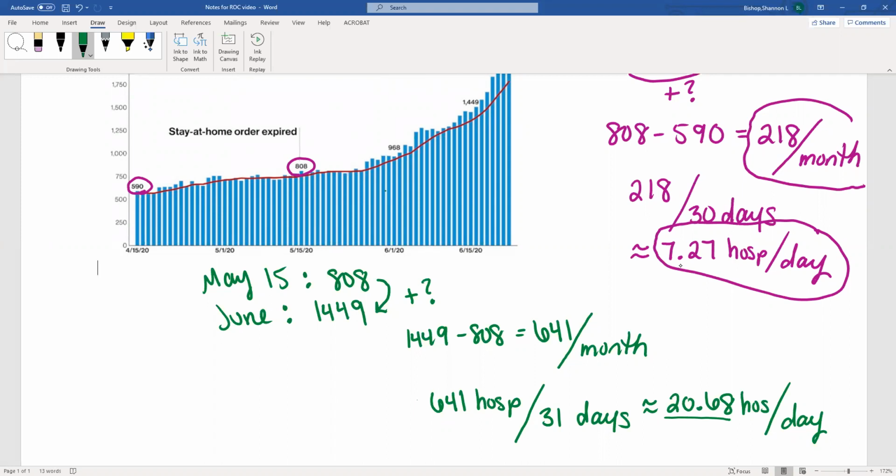So when you're thinking about rate of change, the main takeaway message here is that you're analyzing the difference between the beginning point and the ending point, but also acknowledging how much time elapsed. Now in this one, the time was measured in either months or days or whatever.